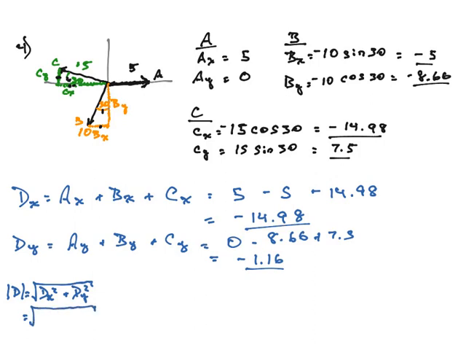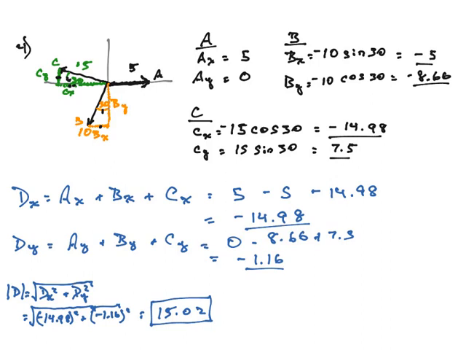All right, so DX squared, that's negative 14.98, that whole thing squared, plus negative 1.16 squared. All right, plugging all of this in my calculator, I get 15.02. So the magnitude of D, that is the total distance, or whatever it is we're calculating, 15.02.